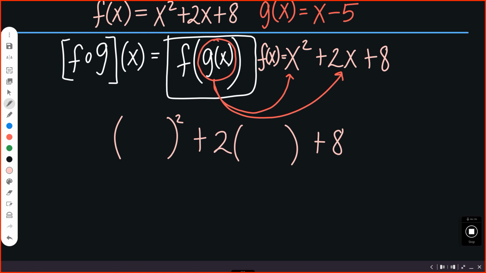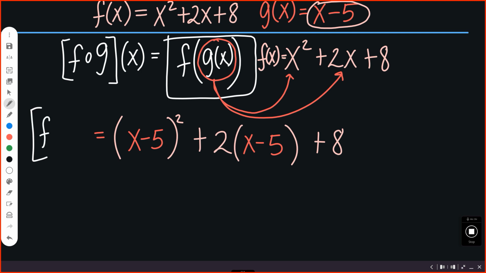For every one of those x's, we take g of x, which is x minus 5, and plug it in inside the parentheses. Now that I have that set up, that is actually the problem we're trying to solve, set up correctly, f of g of x.